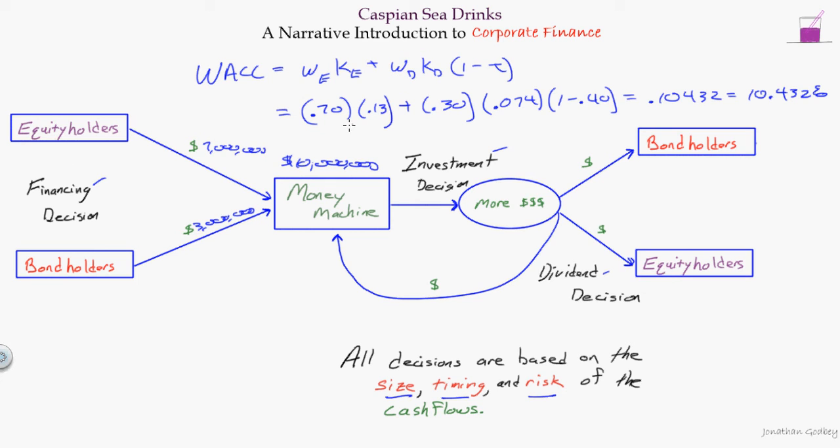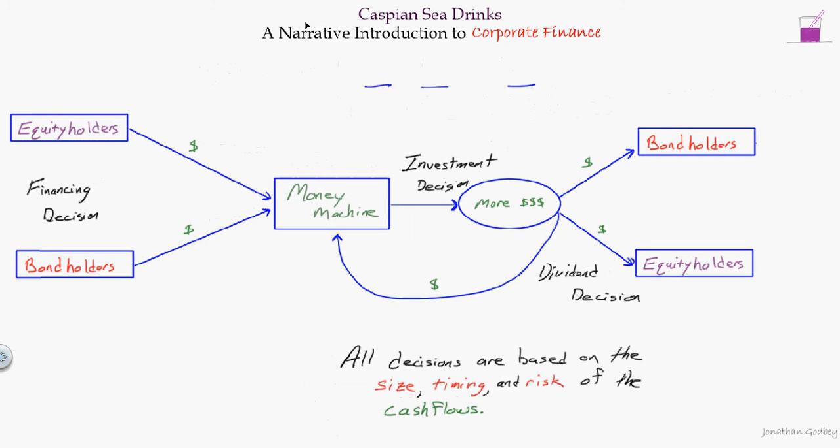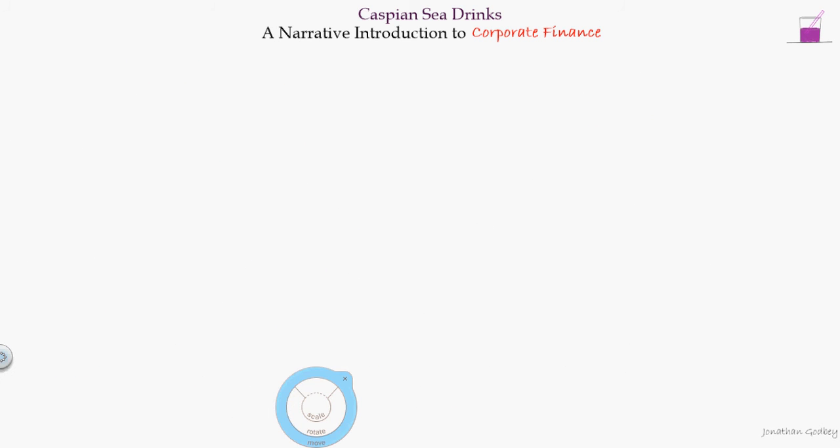So you could just stop there and say, well, I don't really care about why, which would be a mistake, and just know that just following through these mechanics every time is going to get you to the answer. But let's take it a little bit further and let's really look and see exactly what's going on and see where those different numbers come from. Alright, so my weighted average cost of capital is equal to the weight of equity times the cost of equity plus the weight of debt times the cost of debt times 1 minus the tax rate.